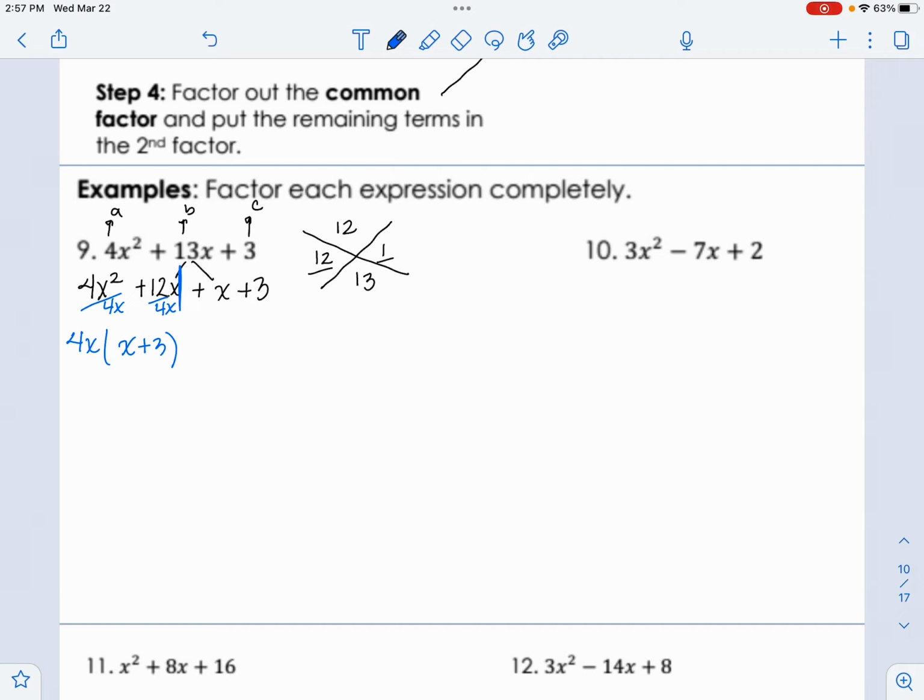Now, this next step is really important. We always have to, when we're factoring by grouping, factor out something. So if I look at x and 3, they don't have any other common factors other than 1.